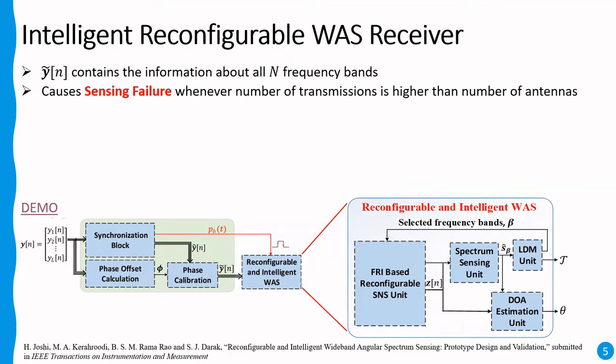The input signal, that is Y tilde N, contains the information of all N frequency bands. So, when we directly give this signal to the DOA estimation unit, then we face sensing failure whenever the number of transmissions is higher than the number of antennas.